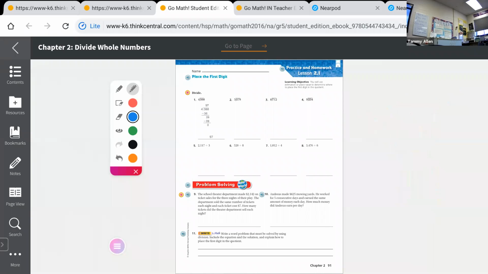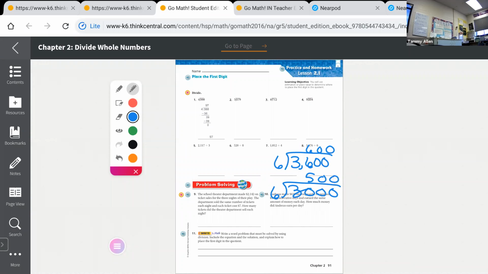And then number 8, is that correct? Yeah. I would have used 3,600 divided by 6, giving me 600 for an estimate. Did anybody use 3,000 divided by 6? 500 for an estimate? Okay, I would have accepted that as well. Those would have been the only 2 that would have been reasonable.